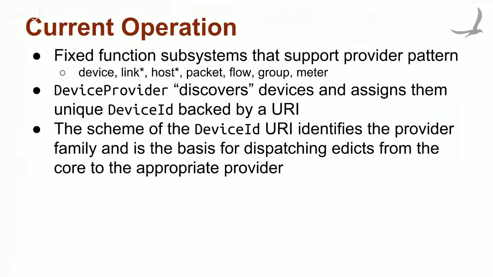The scheme of the URI identifies the family of providers, and that scheme is also used for downward dispatching from the core to the providers. So if a URI has an OF prefix, the OF-based providers will be engaged. If it has netconf, it'll use the netconf ones, and so forth.